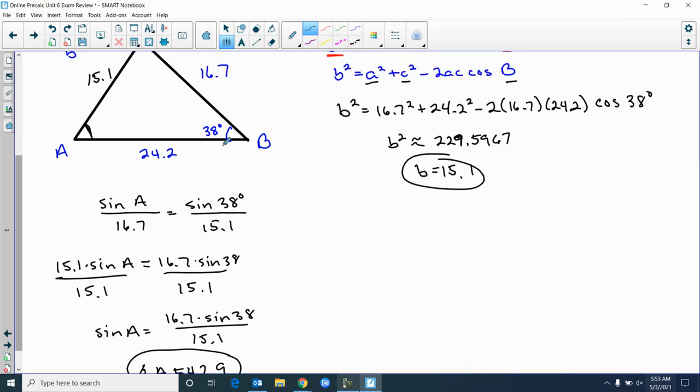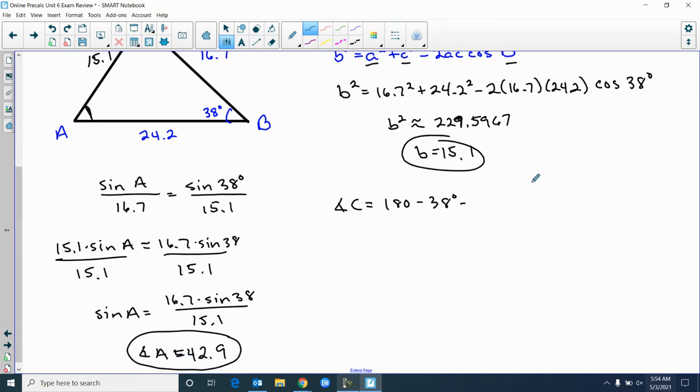So we had B, we got A. Well, once you get the second angle, the third angle has to be 180 minus that. So angle C is 180 minus 38 degrees, which is angle B, minus 42.9.